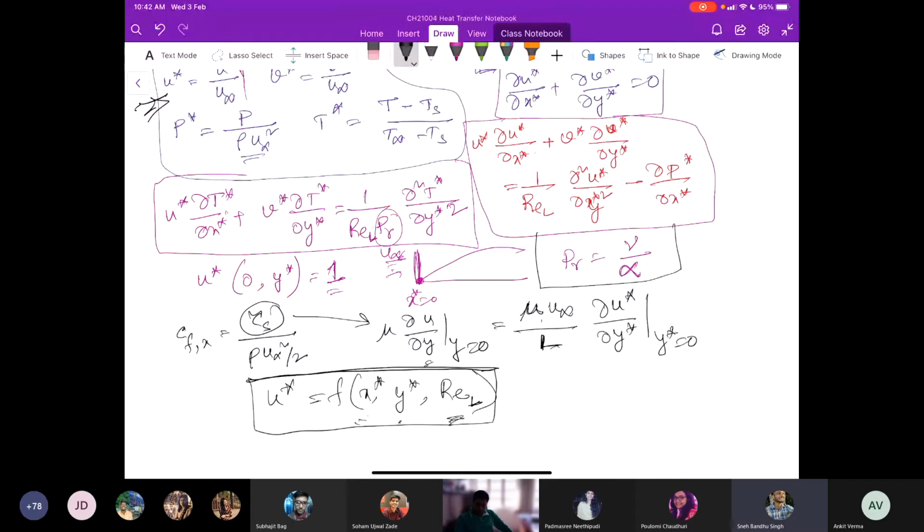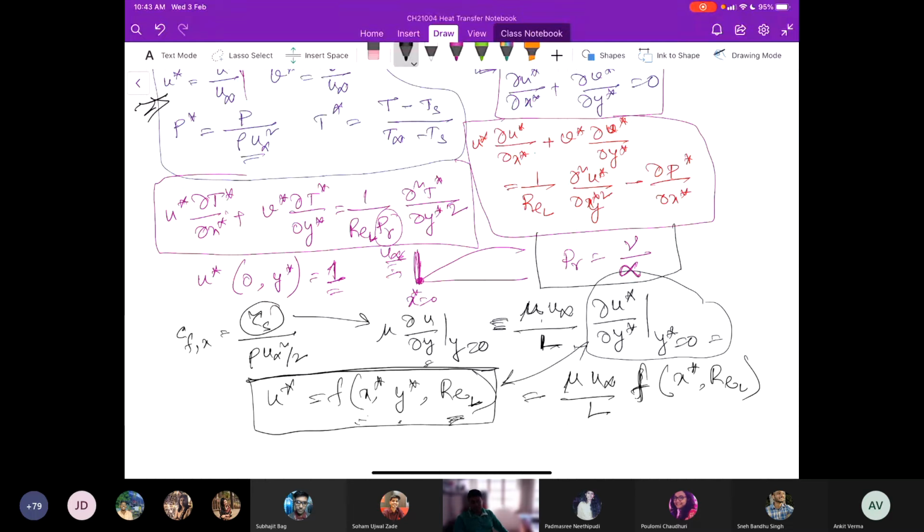So that means this function that we have come across, the shear at the wall, tau s, is basically mu u infinity by L, and is a function of X star and Reynolds number, because it is at y equals 0, thinking of this gradient and this relation.